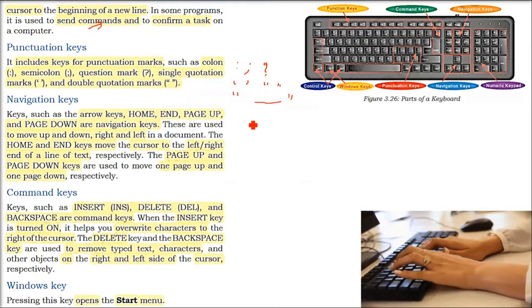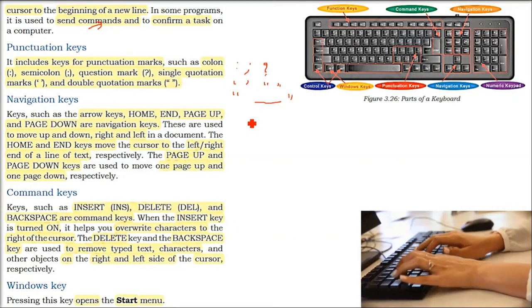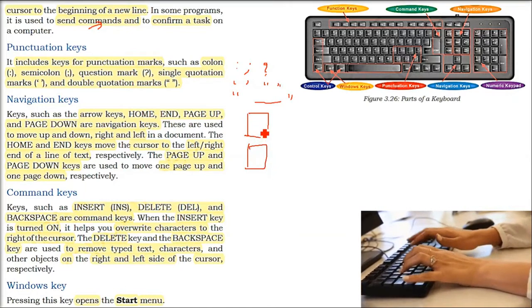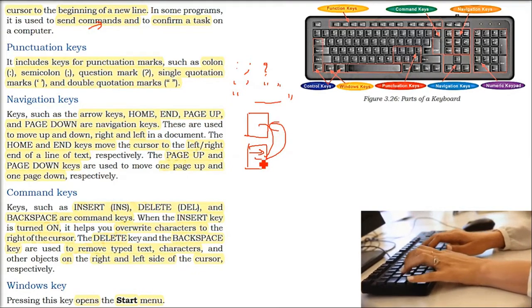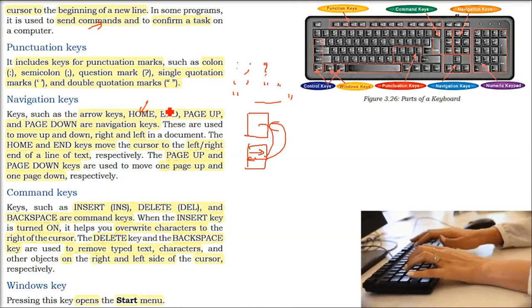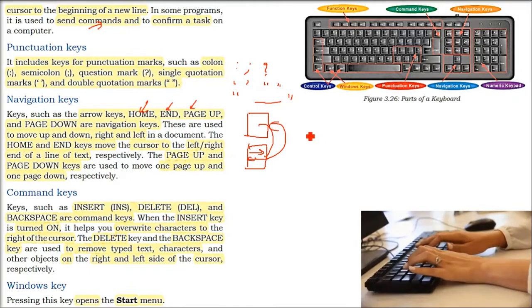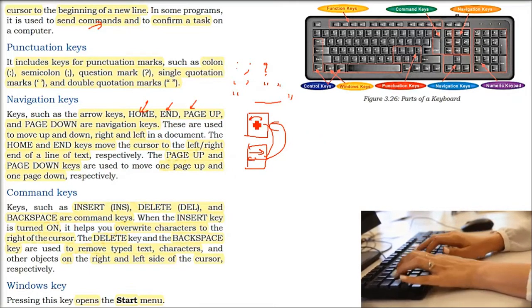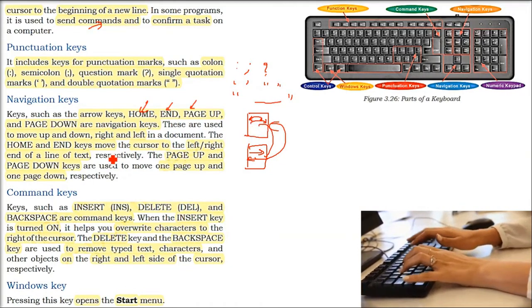Now navigation keys. Navigation is simply moving, going up, down, like this. So we have home, arrow keys, and page up, page down. These are navigation keys. So you need to move up, down, right and left in a document. Then you will use all these keys. Home and end keys, what will they do? They will move the cursor to the left or right end of the line of text.